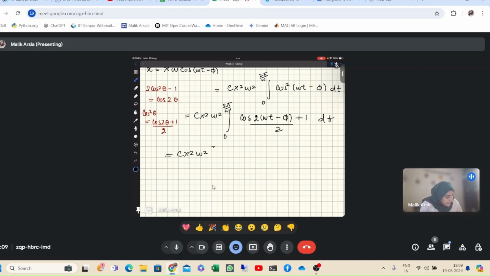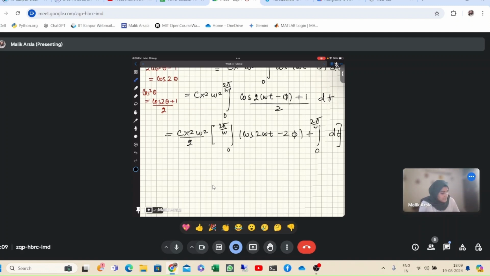So we can break it down. It will be from 0 to 2 pi by omega, the 2 we can directly take outside, okay? Then it will be integration of cos of 2 omega t minus 2 phi plus integration of dt. The limits are the same, right? Now this thing will be c X square omega square by 2.